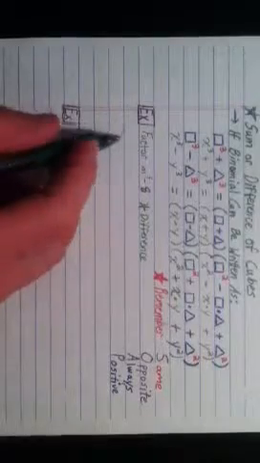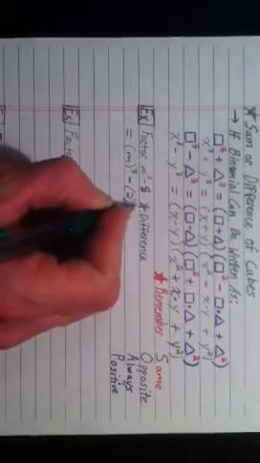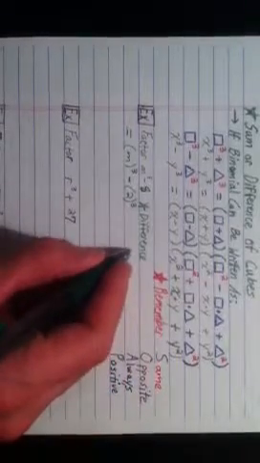If so, then we have ourselves a difference of cubes. Well, we can cube m to get m cubed minus, if we cube 2, we get 8, because 2 to the third power equals 8. So we do have a difference of cubes, and we're going to use the difference formula up here.